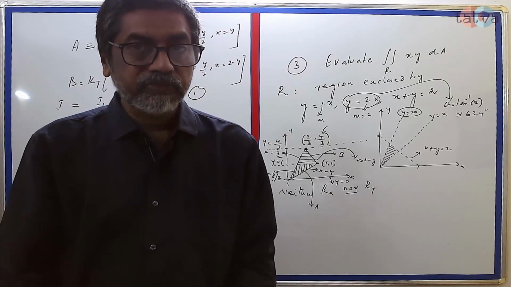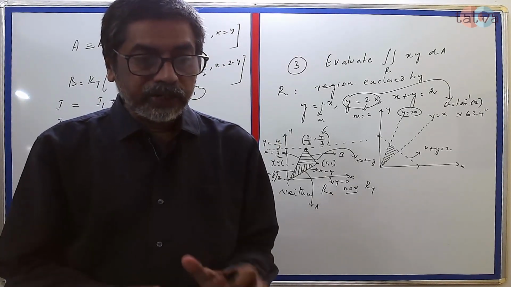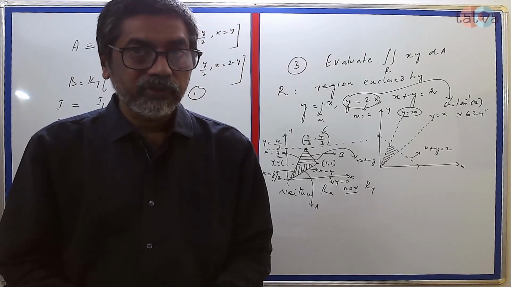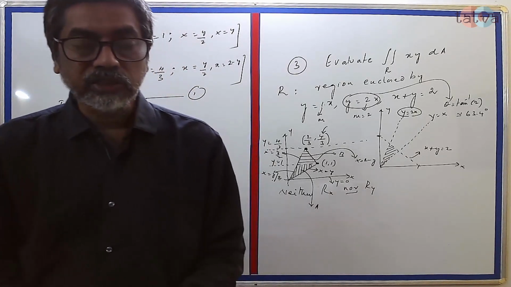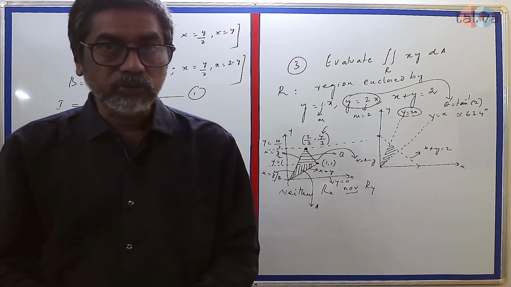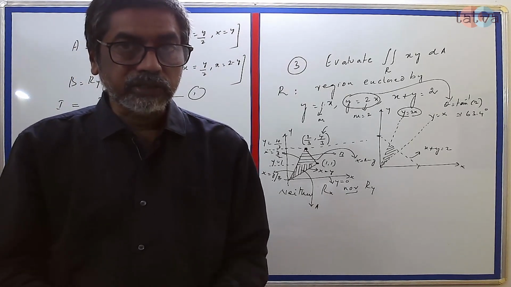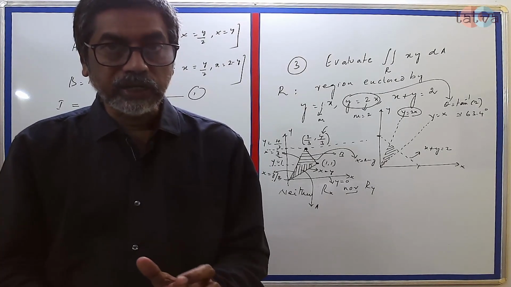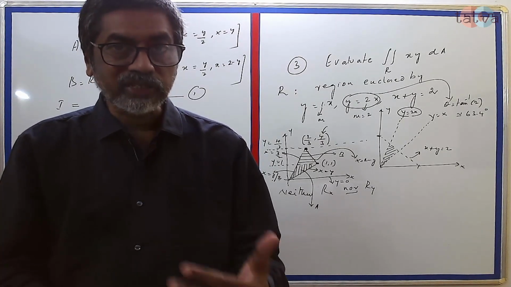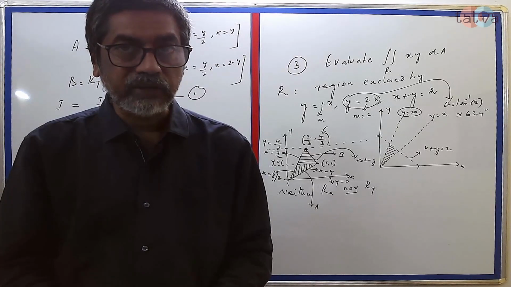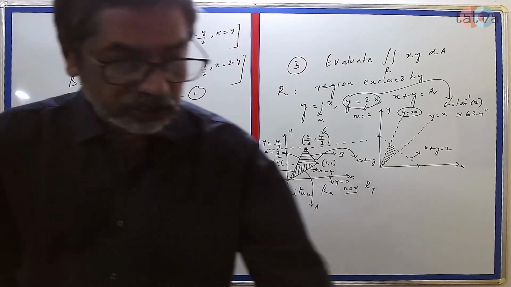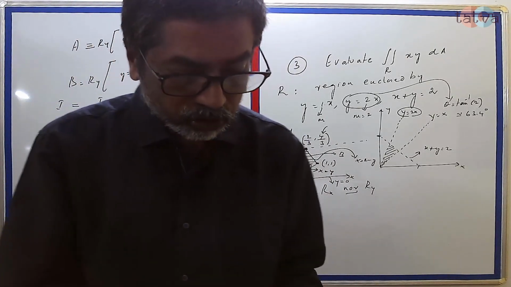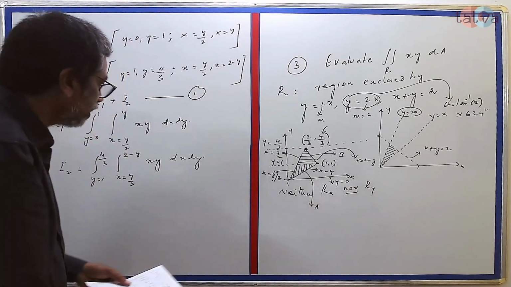sufficient practice. As I told you, the idea of this present segment of the lectures is to understand how to analyze an Rx region or an Ry region, then fix limits logically the correct way, and then fix the limits of double integration and then evaluate. You can check if these outputs you are getting.